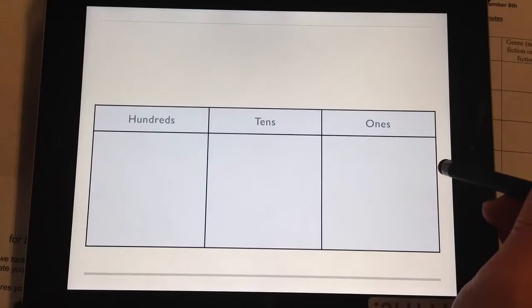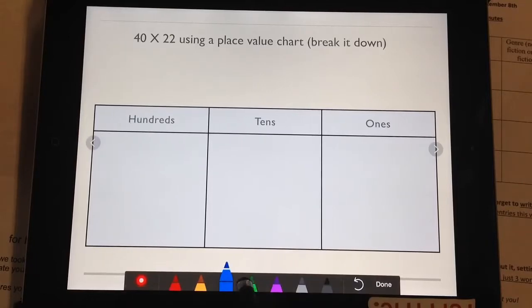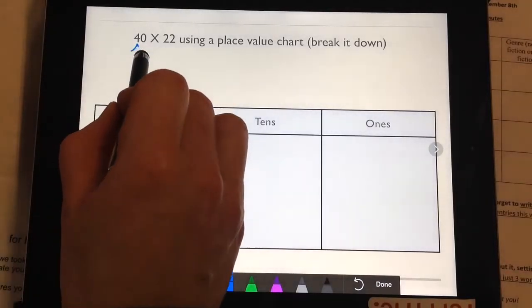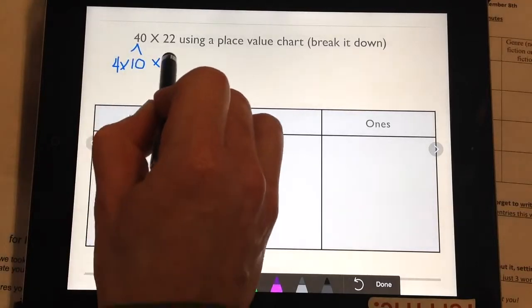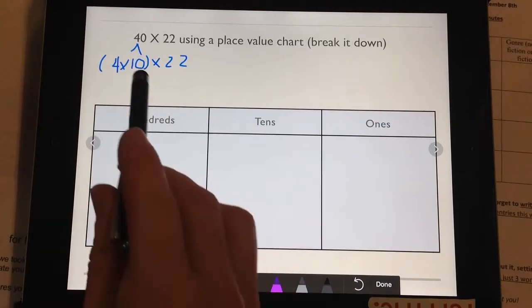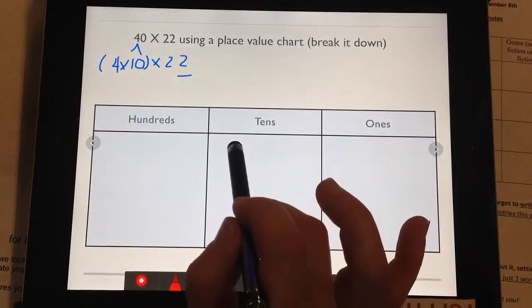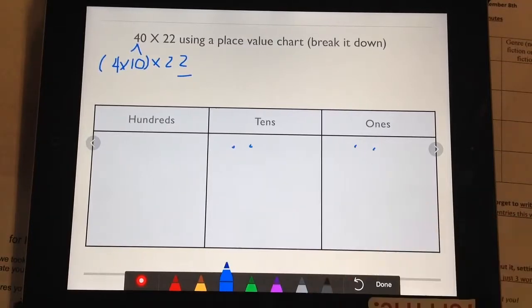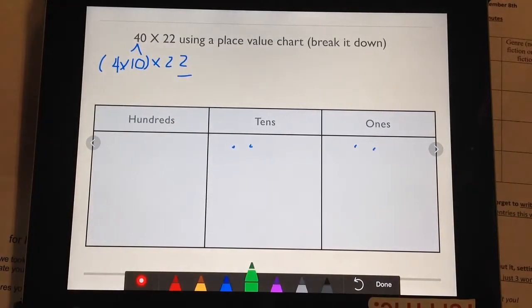So if we wanted to use a place value chart and we want to break it down, we would do it like this. Again, 4 times 10 times 22. We take our 22, and we multiply it by 4.